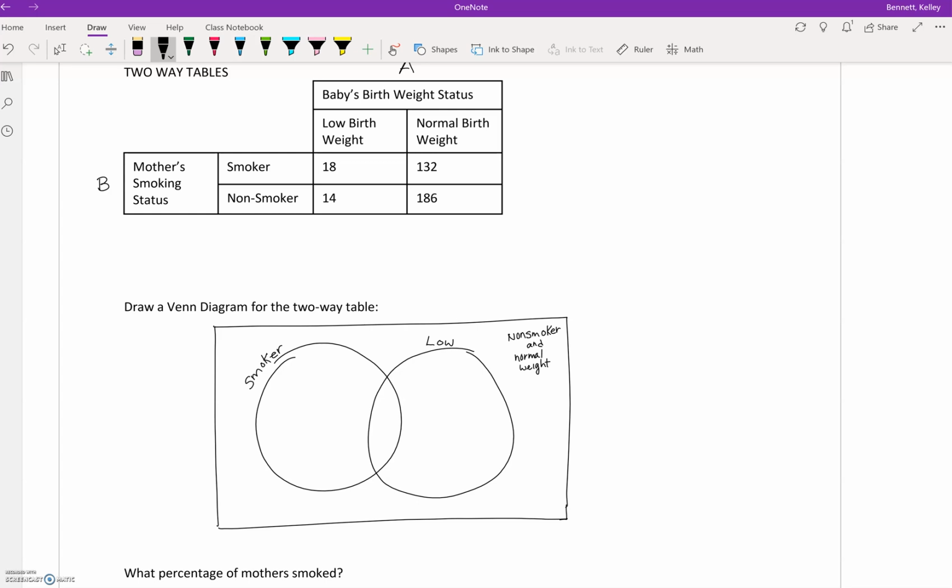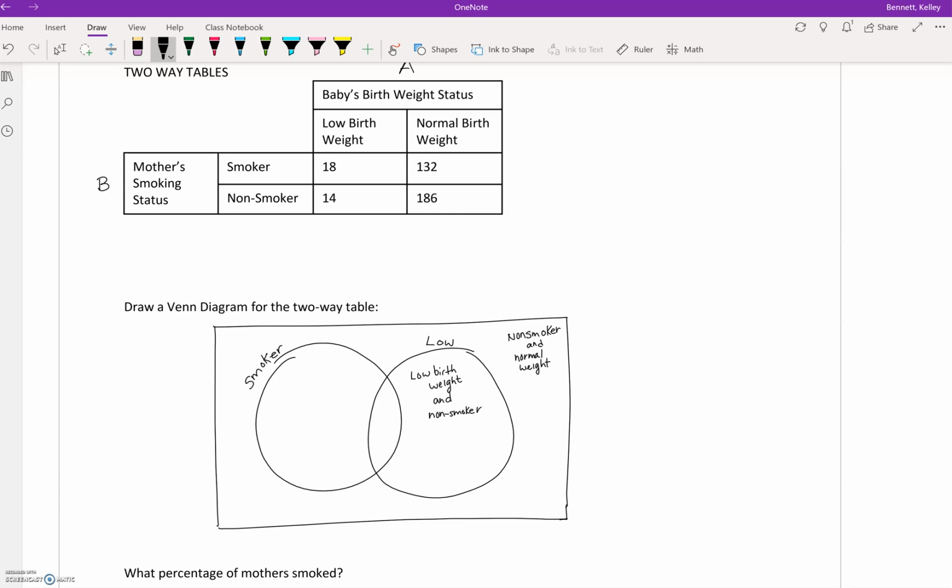If I'm inside the low birth weight circle, but not in the intersection, that means that I have low birth weight because I'm in the low birth weight circle, but my mother wasn't a smoker. So low birth weight and non-smoking mother.